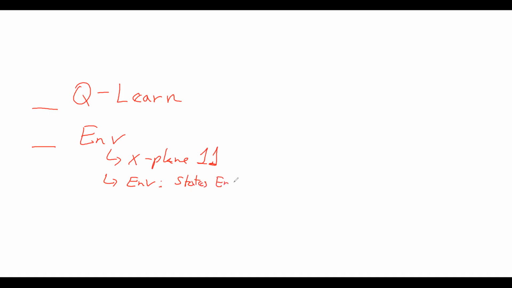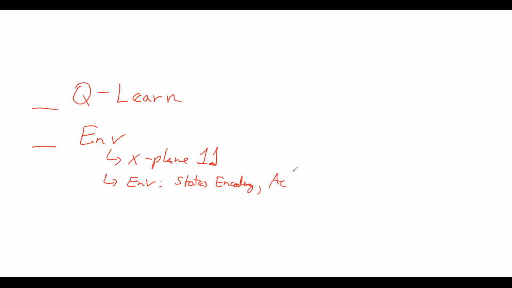Okay, so then in our code, there's all these elements, right? So there's the element of Q learning. That's an algorithm that's actually pretty straightforward. We'll see that. And then you have the environment, which like I said, in my plane example, it was X-Plane 11, and then we define the environment, which basically means, I should say the state encoding, because the states are actually not that difficult to figure out, but the encoding of it can be challenging.